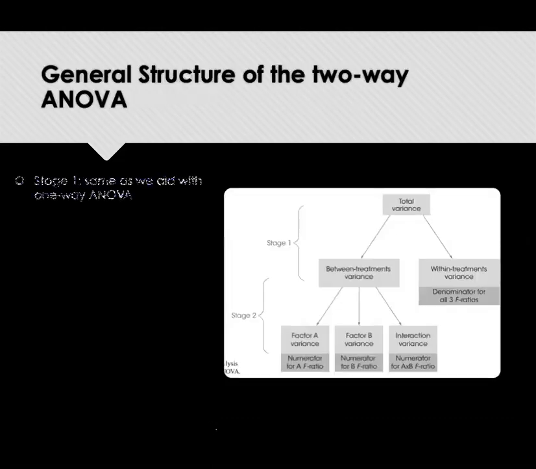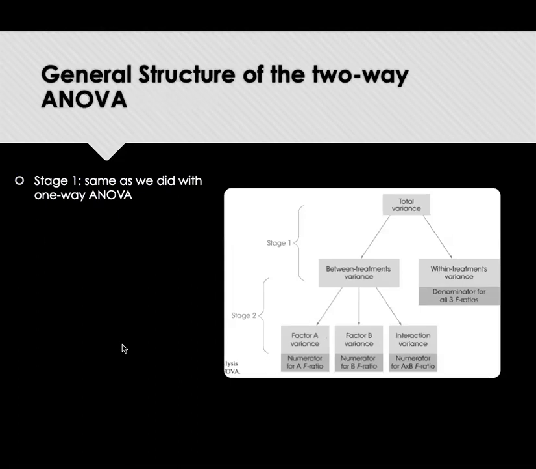Okay, so here is the basic structure of a 2-way ANOVA. So there's going to be 2 stages here. So just another additional stage than the ANOVA we did for chapter 12.